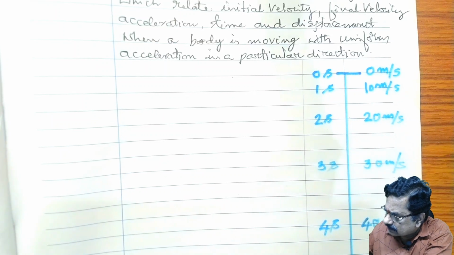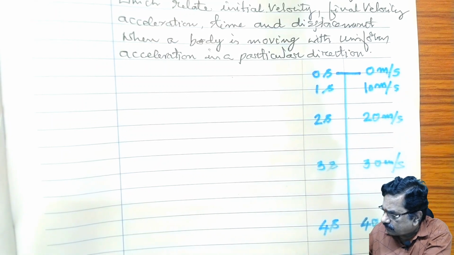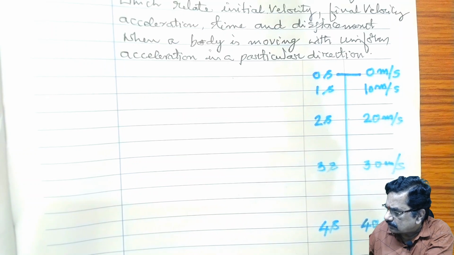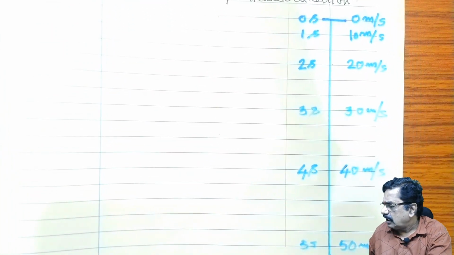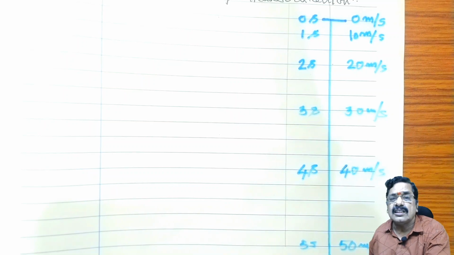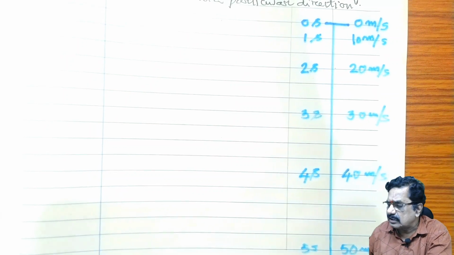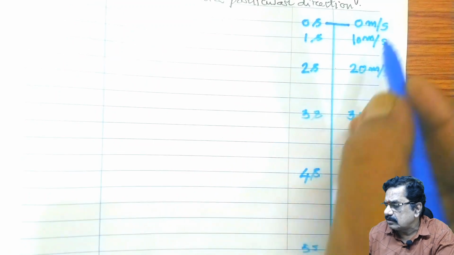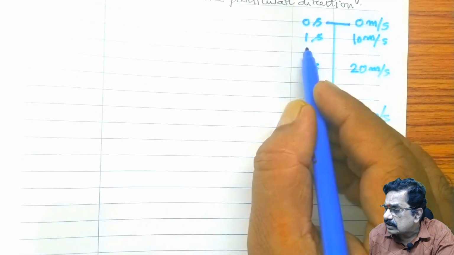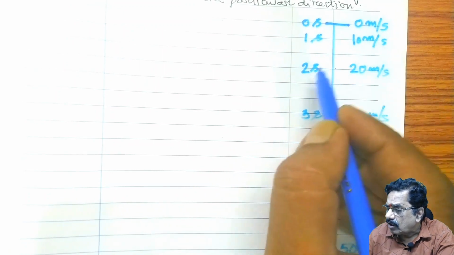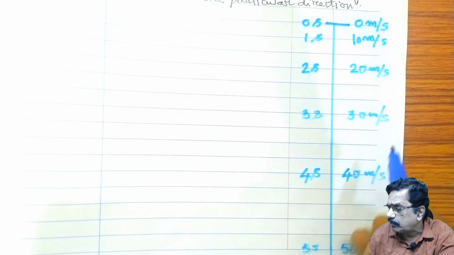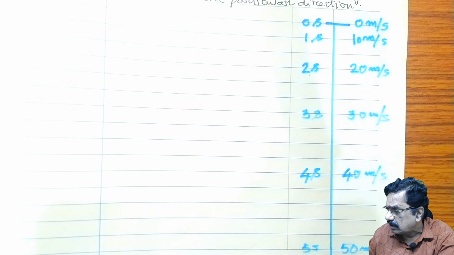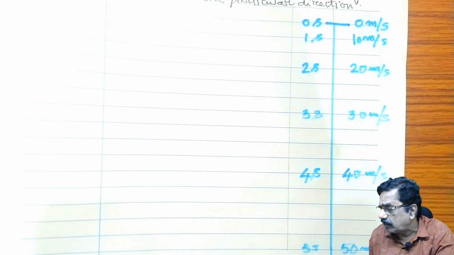After 5 seconds, it has become 50 meter per second. Like that the velocity is increasing. Once again I will explain. Time is 0 seconds, 0 meter per second. After 1 second it has become 10 meter per second. After 2 seconds 20 meter per second, 3 seconds 30, 4 seconds 40, 5 seconds 50 meter per second.